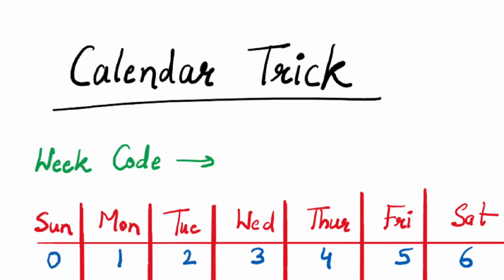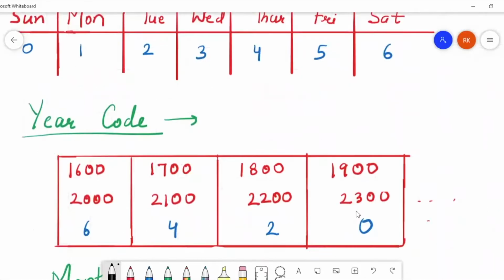Now let's come to the year code table. Here what we are doing is making pairs of 4. I am starting from 1600. You can go back below 1600 also, but you just have to make pairs of 4. Now start from 1600 and then increase every time by 100.